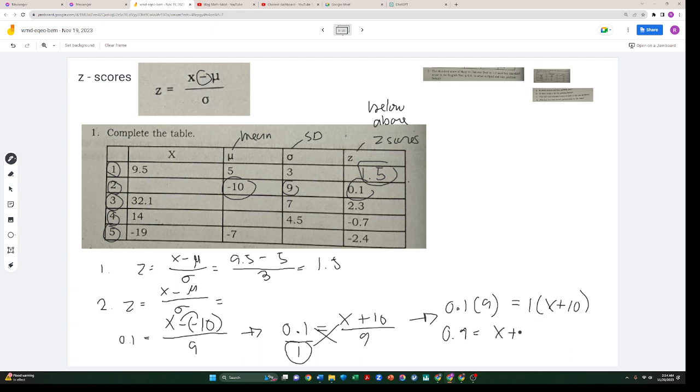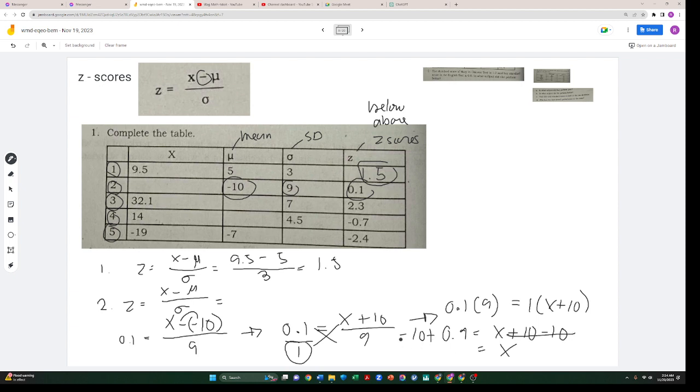And x plus 10, use the subtraction inequality of property, minus 10, then minus 10. So therefore, x na lang mabilin dire, wala na.